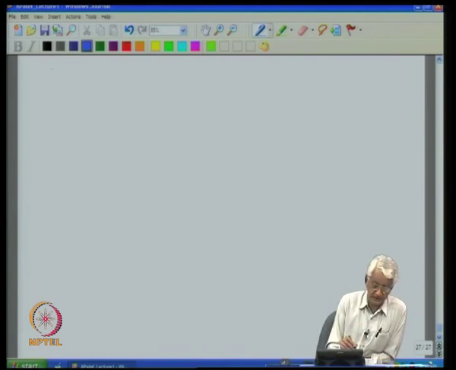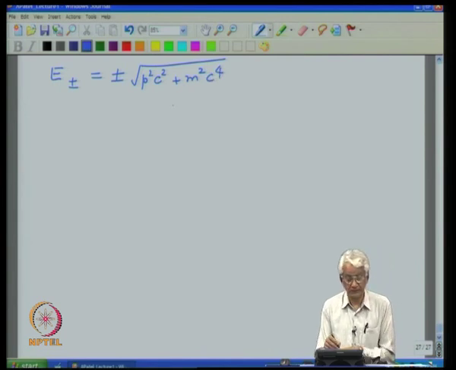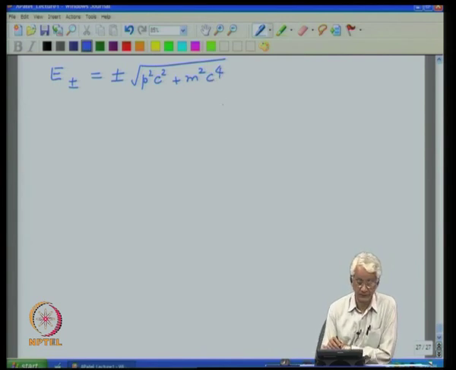The determinant tells you that the two signs of the energy come out as two separate eigenvalues, and I will denote them as E plus or minus, which is plus or minus the square root of p squared c squared plus m squared c to the fourth.